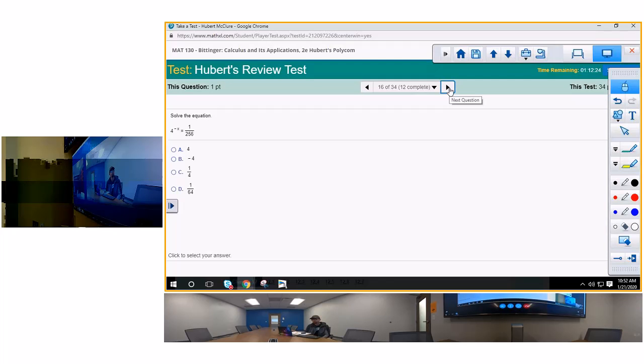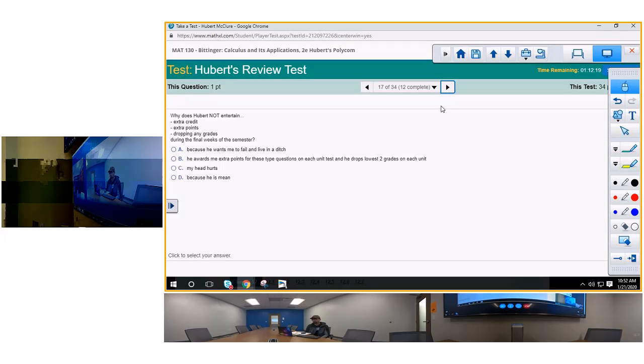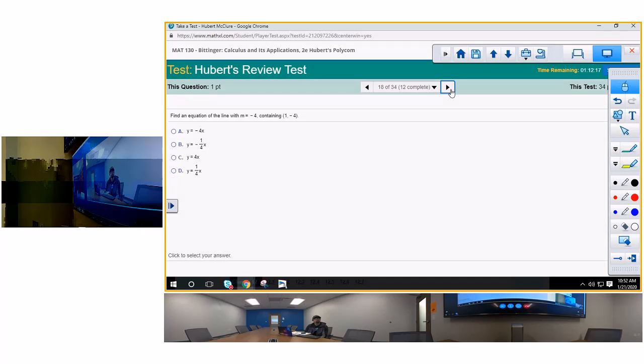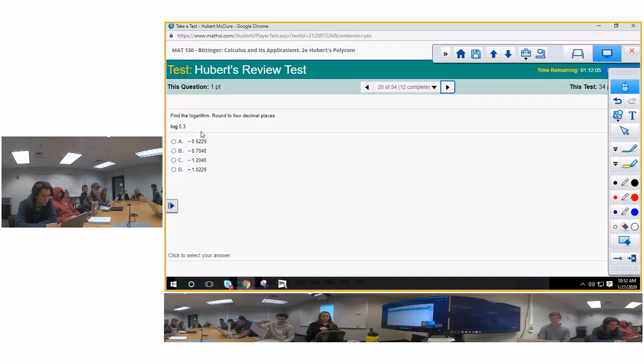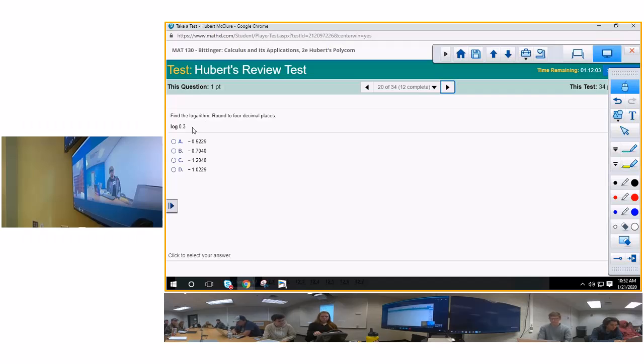Take the log of both sides. Use the power rule in your calculator. Bonus question. Find the equation of the line using the slope and the intercept. Bonus question. Okay, this one is a calculator question. If you miss this question, don't tell anybody.